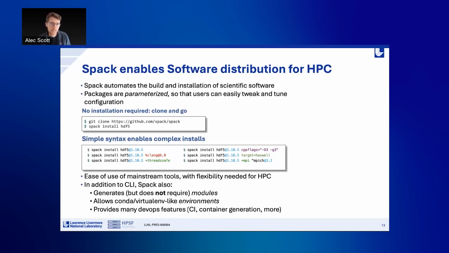Then we do a process called concretization, where we figure out all of the dependencies and how we're going to reuse the different libraries that are already installed on a machine. Then you get a different concrete spec for your laptop and for a supercomputer, or between two supercomputers. But you essentially still put in the same input, and you get two different outputs that are optimized to the two different places that you want to run.